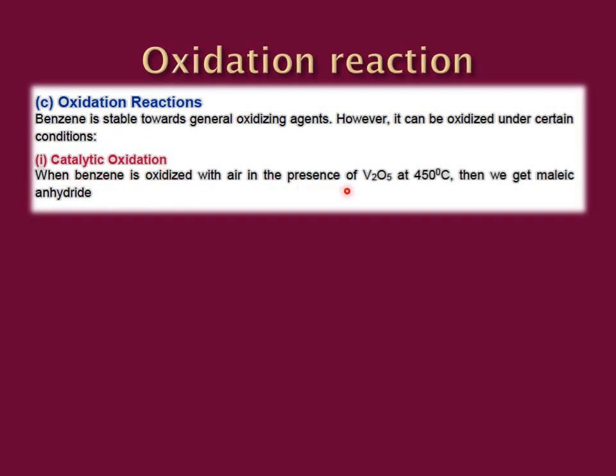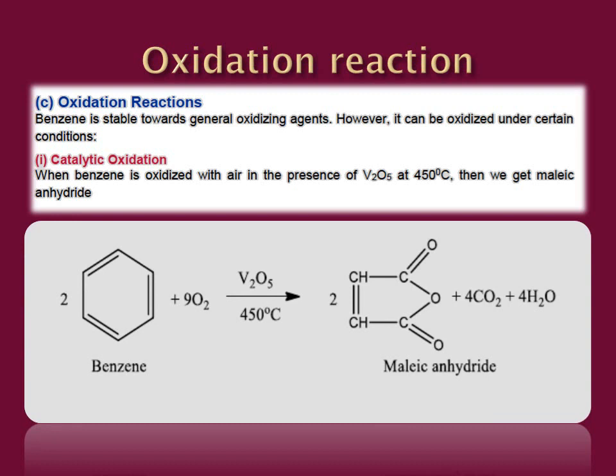This is benzene when it is oxidized in air in the presence of V2O5 at 450 degrees Celsius. It gives maleic anhydride. Now you can see C double bond O, O, C double bond O. This is the anhydride. And it liberates carbon dioxide along with water vapors. Now students, this is the commercial method for the preparation of maleic anhydride.